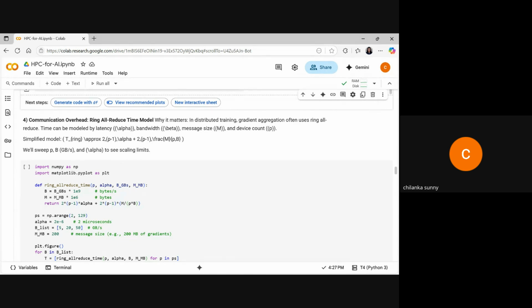One node sends to its neighbor, where it is reduced, and the reduced result is sent to its next neighbor, and so on, and finally we get the final reduced result. That's how it works. But you can assume how much communication is happening there.